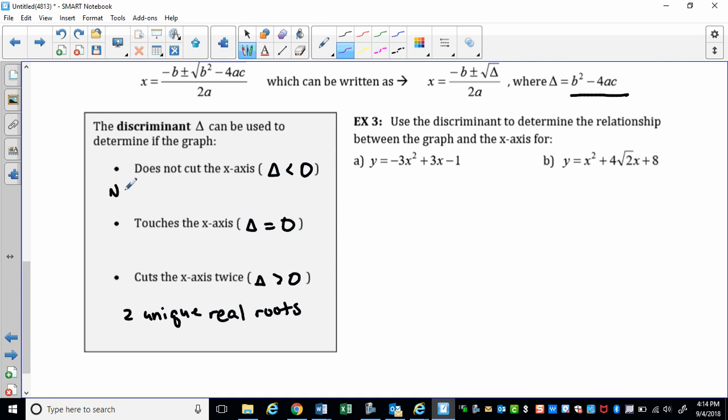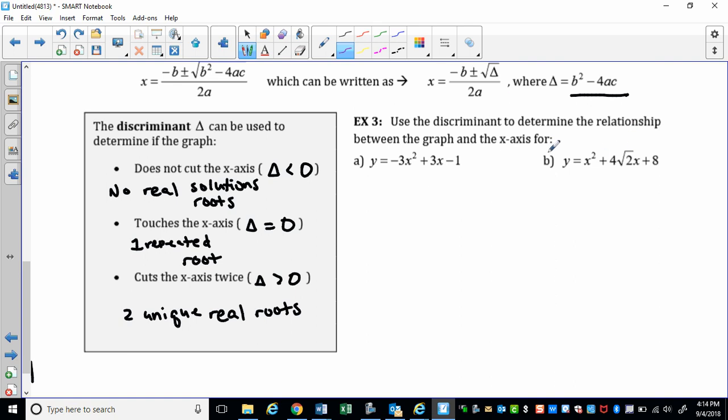So less than 0 means no real solutions, or no real roots, and 0 means one repeated root. Alrighty. Use the discriminant to determine the relationship between the graph and the x-axis for these.